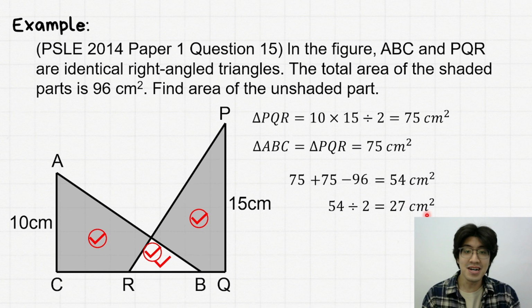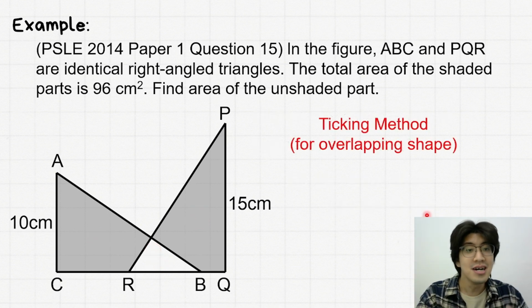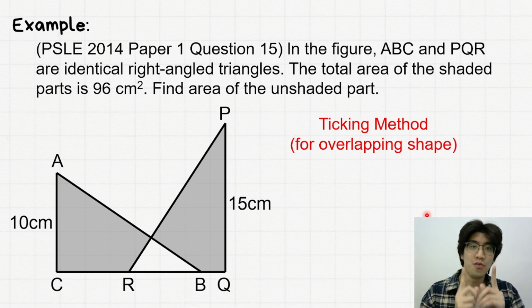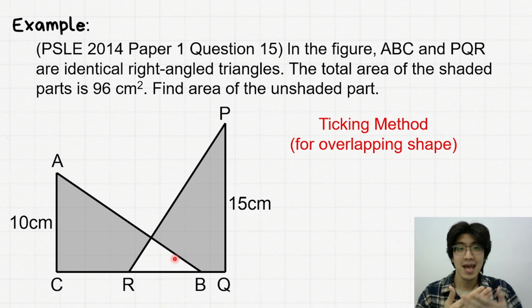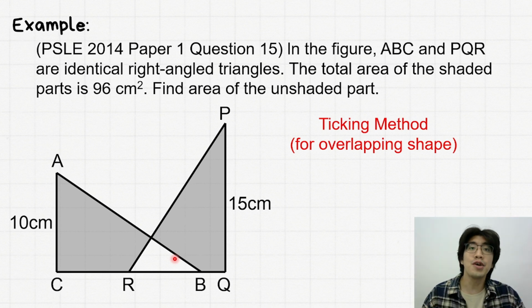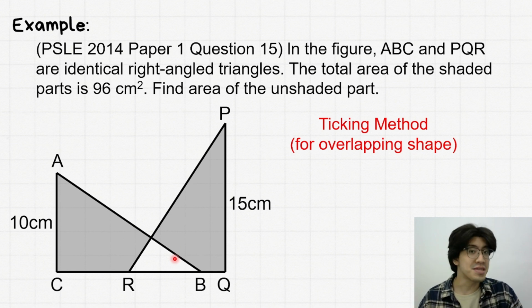So over here, this method of labeling the areas that are overlapping and those areas that we do not want is what I call the ticking method. And when do we usually apply the ticking method? When we have two shapes that are overlapping each other. Then with the ticking method, we will be able to see which parts are overlapping by how many times.